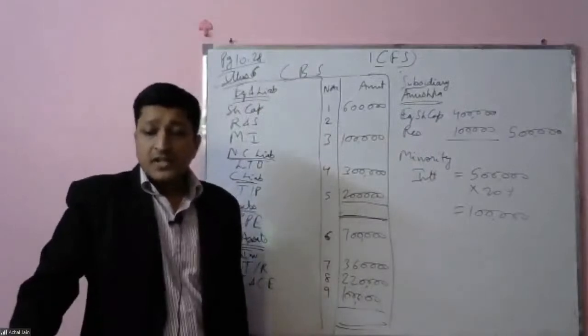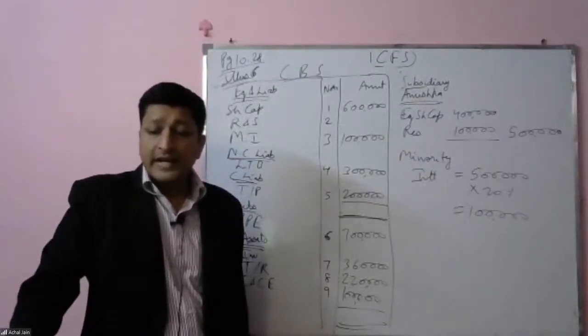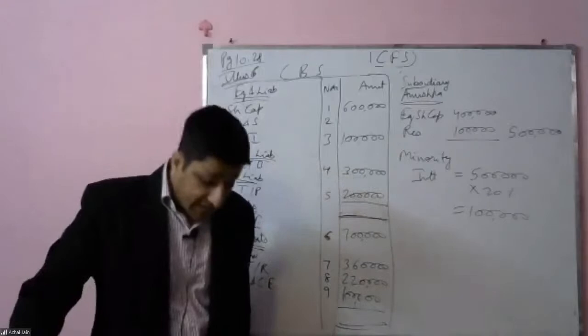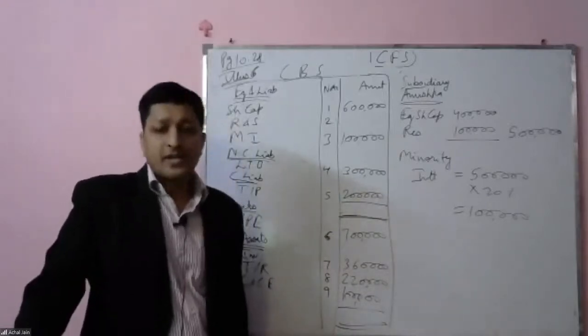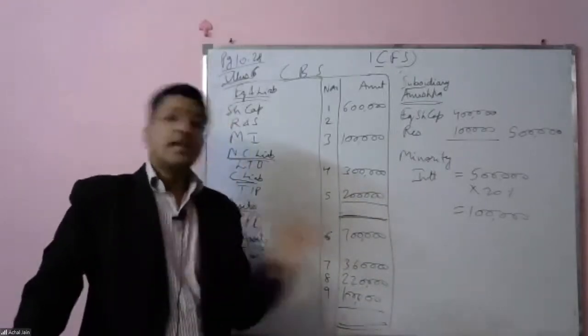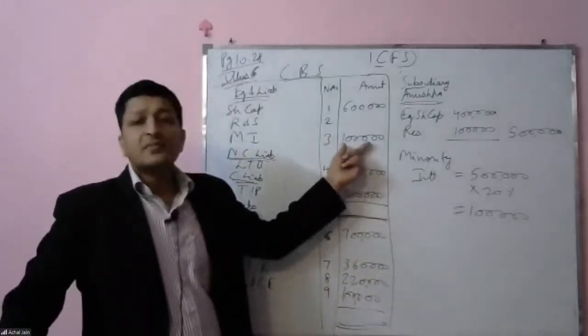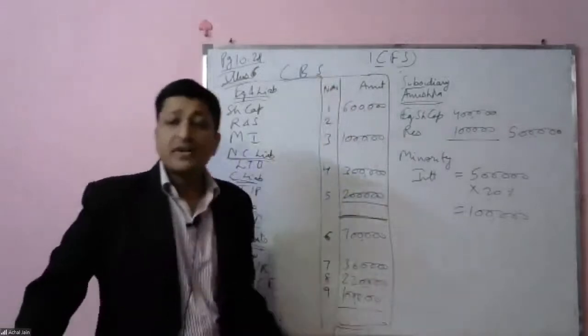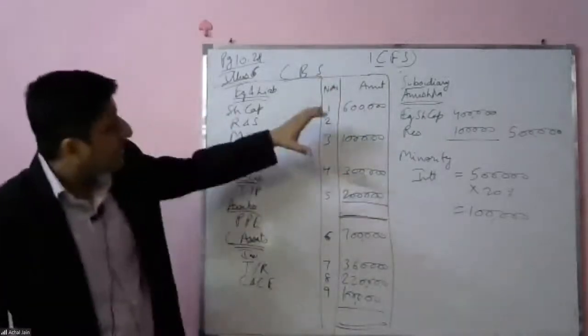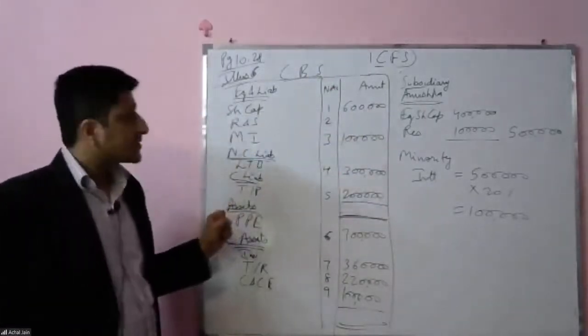Vijay Shankar is asking, sir, why aren't we taking 80% of the assets? Because that's what the rule of consolidation requires. Pick up all the assets and liabilities. And that is where you put this 20%. See, in this balance sheet, you have taken 100% of the assets of the subsidiary.